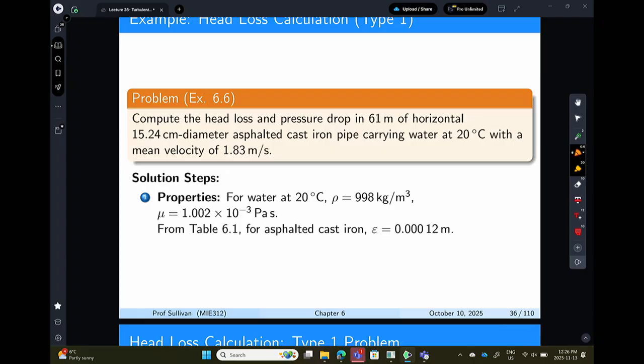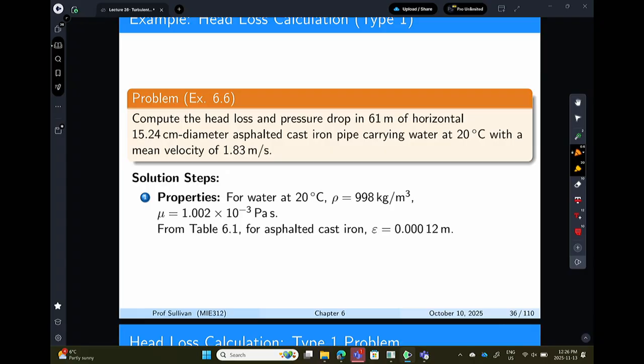Compute the head loss and pressure drop in 61 meters of horizontal 15.24 centimeter asphalted cast iron pipe, carrying water at 20 degrees C with a mean velocity of 1.83 meters per second. You've got water, rho of 998 kilograms per cubic meter, mu, which is 1.1 times 10 to the minus 3 Pascal seconds.